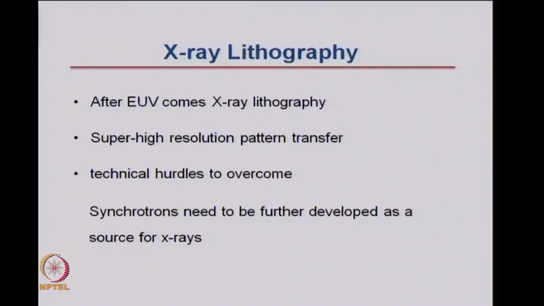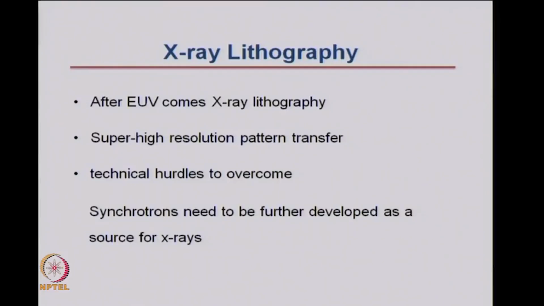So, you are going to use X-rays as your source of radiation to make patterns on the films, and this methodology, the X-ray lithographic technique, allows you to have very high or super high resolution pattern transfer. So, when you are transferring a pattern of very high resolution, then this technique is very important.